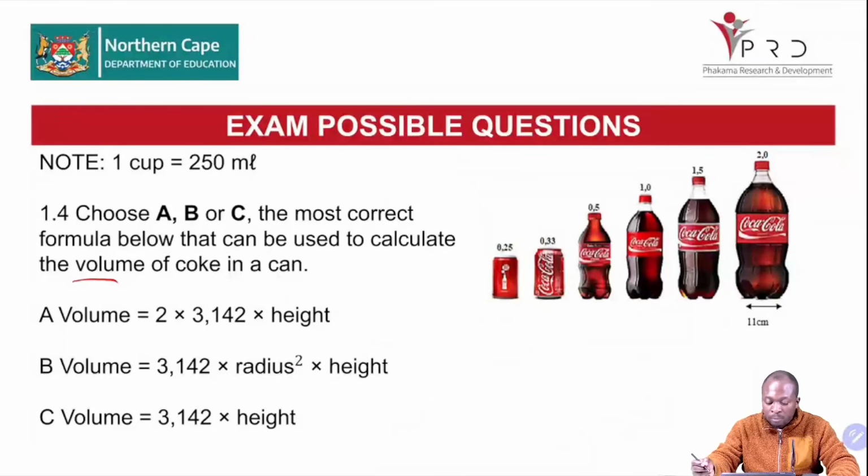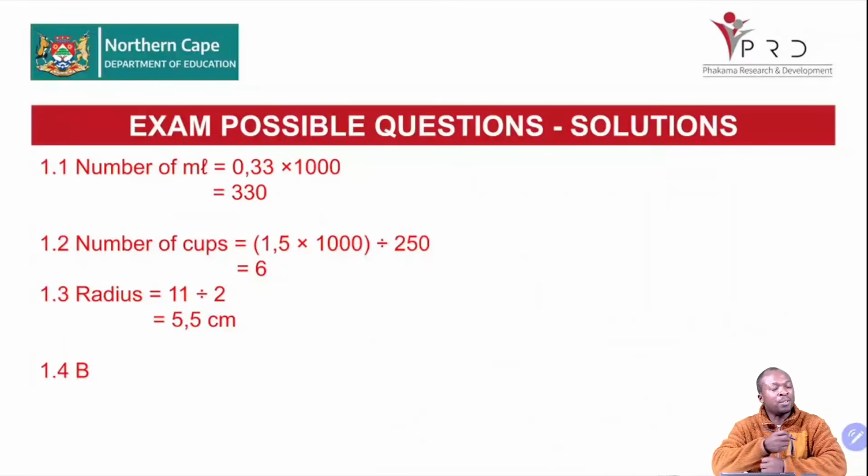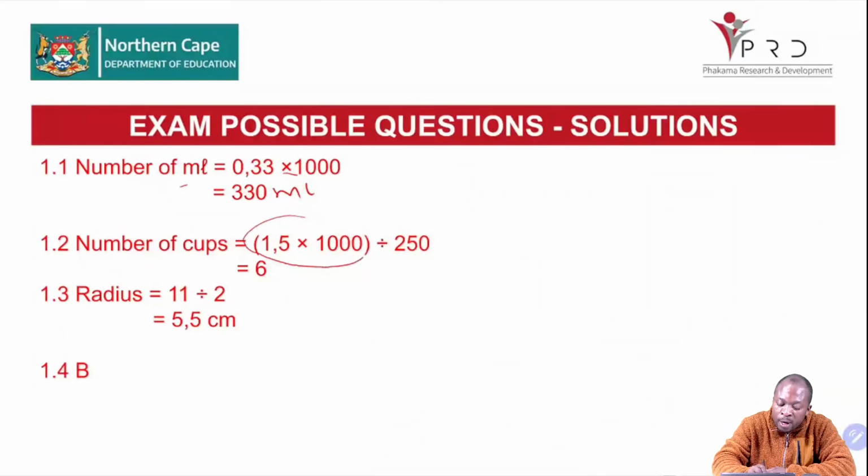All right. Now let's reveal our answers. We are changing from liters to milliliters, which means we have to multiply. The first thing you had to do was to convert the 1,5 from liters to milliliters, meaning you multiply. Once you get your answer, you divide by 250. Another way of doing that was to say 1,5 times 1,000.